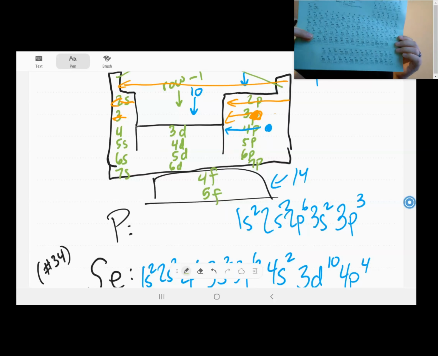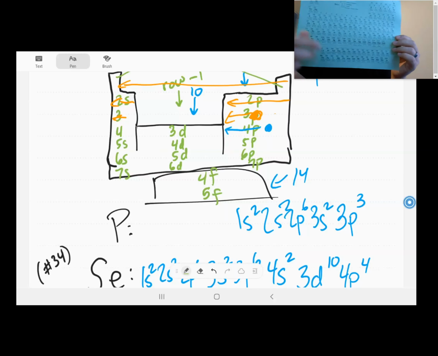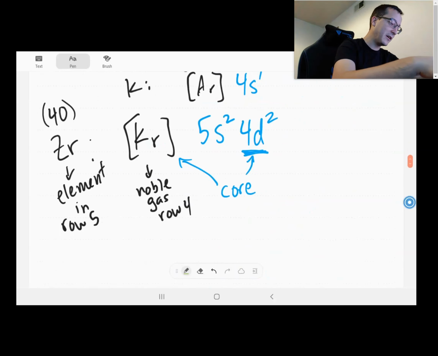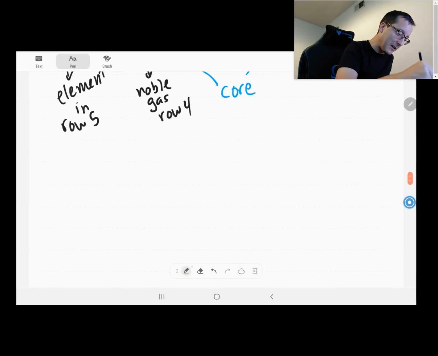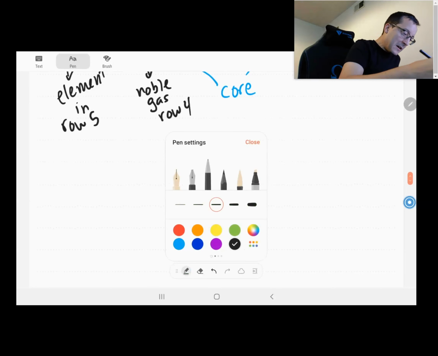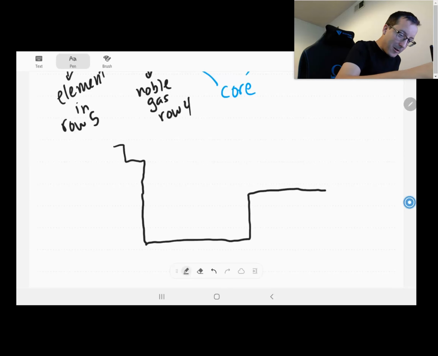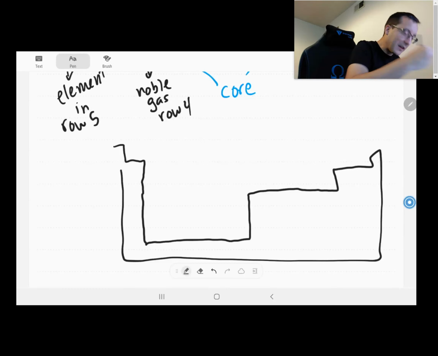So if we really wanted to do this correctly, technically our periodic table would look like this. This is technically what the periodic table looks like.